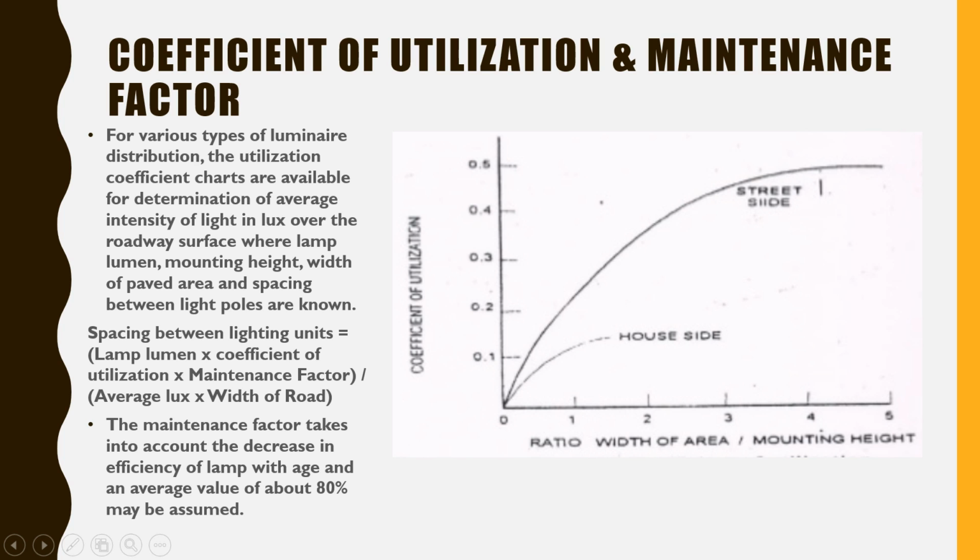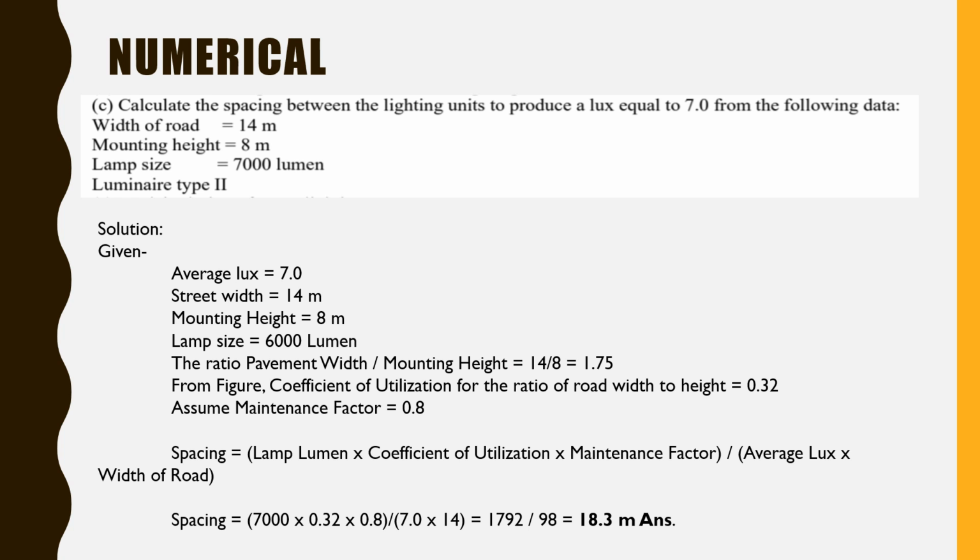Next, but not the least, let's solve one numerical in order to make our concept clear on how to find the spacing between the lighting units. This numerical was also asked in the RGPV examination, so please concentrate on it. Calculate the spacing between the lighting units to produce a lux equal to 7 from the following data.